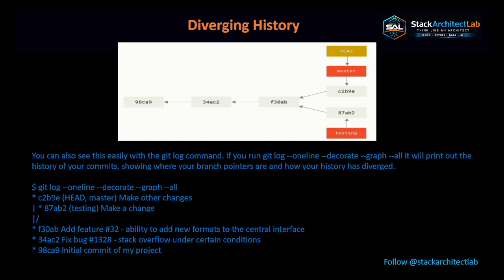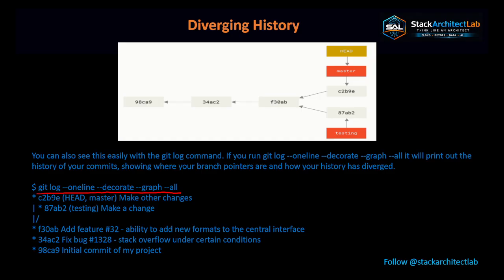Okay, and you can use the decorate option here, and as you can see from the slide, the decorate option is also visible here. If I go here, git log, this command, oneline decorate graph all, the complete detail it is showing you: what is head, master, what all changes you have done. Correct.